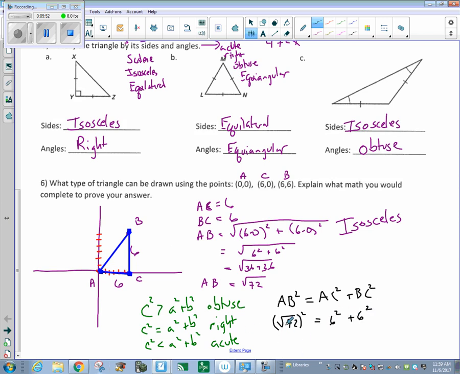In this case, the square root of 72 squared is 72. This is 36 plus 36, and so 72 is equal to 72 when I combine those together. So going with my properties over here, this guy is right, and you could see it by the drawing, but I wanted to make sure, and that's what they're talking about, to make sure I prove it, so this guy is an isosceles right triangle.